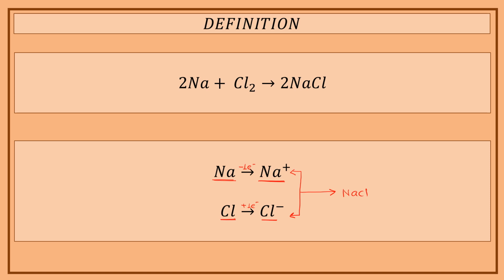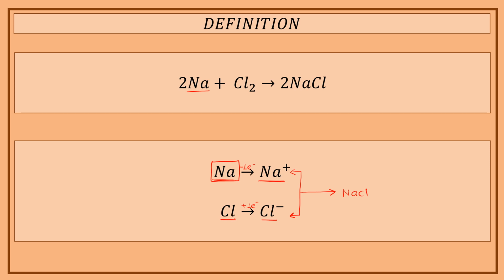We can do this by assigning the overall charge that is developed on this atom before and after the reaction. Before the reaction, the sodium atom has an equal number of electrons and protons.